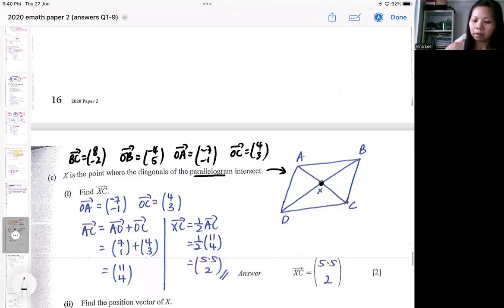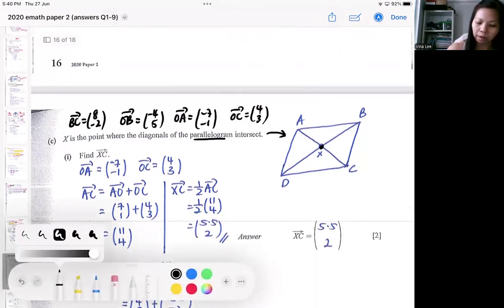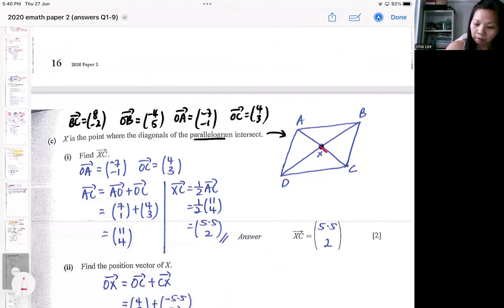Okay, so next, in this question, I'm supposed to find XC. By the property, we know that this is the midpoint. So X is actually the midpoint of AC. You can see that this is 1 unit, and this whole AC is 2 units.